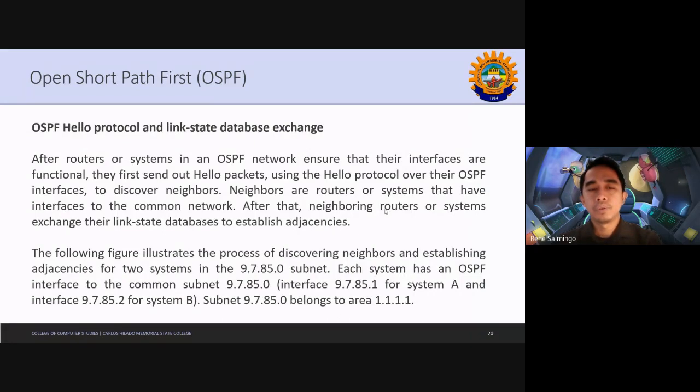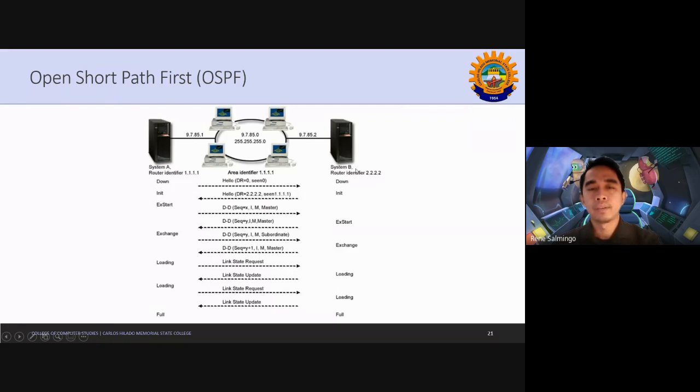The following figure demonstrates the process of discovering neighbors and establishing connections between two systems. In this way, even if you are not connected with a network, you could still exchange information.